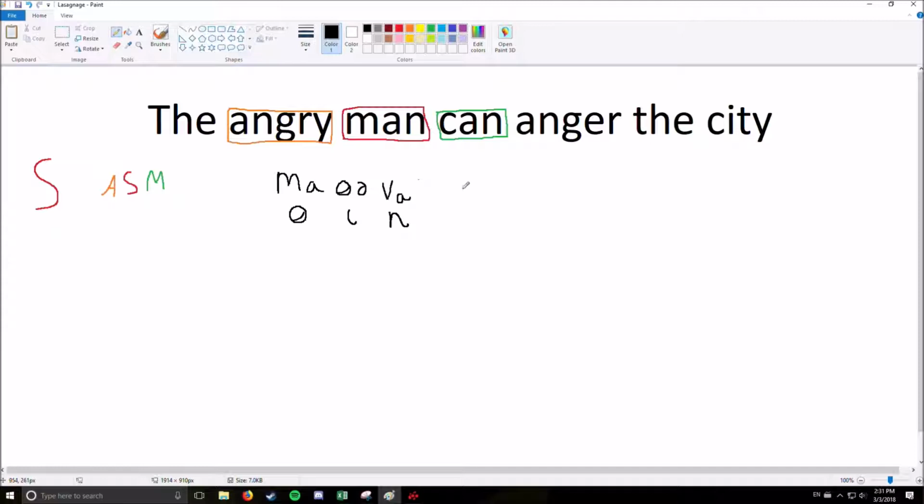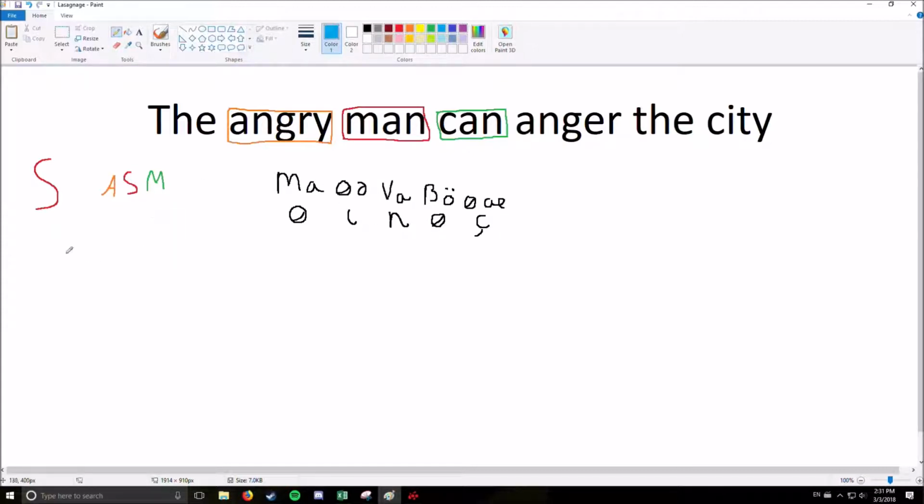And then can is buth-eich, and since this is the modal verb in the subject block of syllables, it is in infinitive form. So the angry man can turns into Mathil van Buthé.